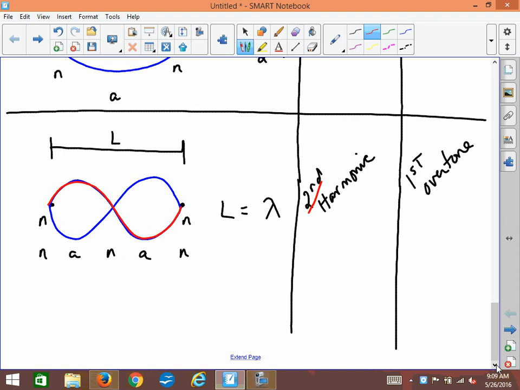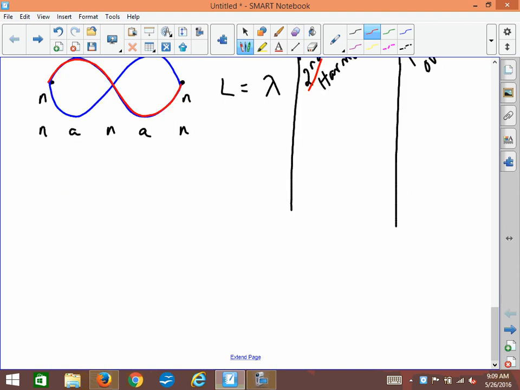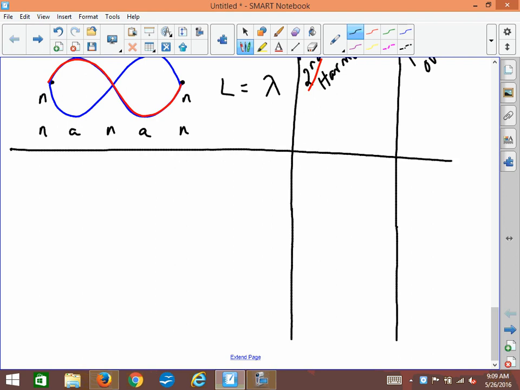Let's continue this pattern maybe 2 more times to see where this is going to finally end up. Because maybe already you've noticed that because it's a pattern, we can express it mathematically for all possible cases. Let's take the same length of string again. Move that over a little bit, just so you can see it visually. That means I have a node at this end and a node at this end of my string.